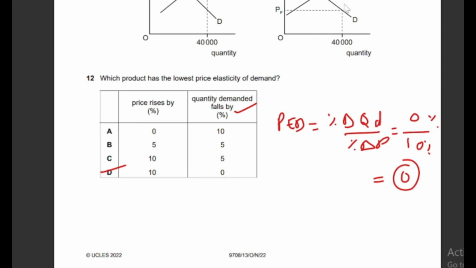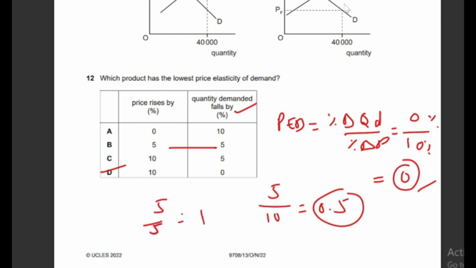In all other cases the situation is like where demand is more elastic than 0. In option C it will be like 5% over 10% is equal to 0.5. 0.5 is definitely greater than 0, and in option B it's 5% over 5% is equal to 1, so again this is greater than 0.